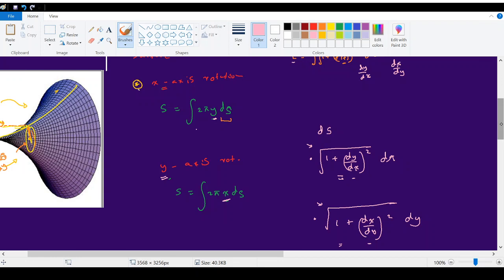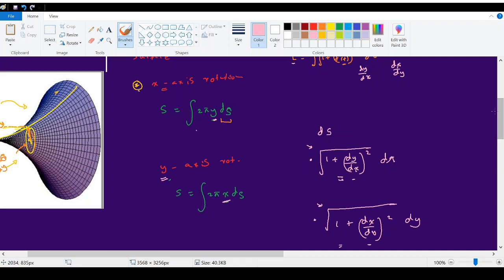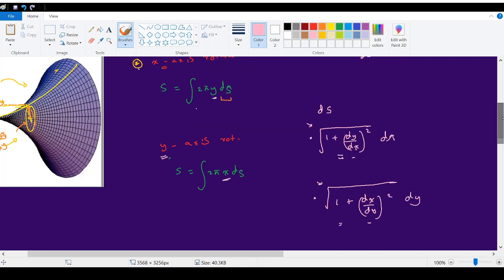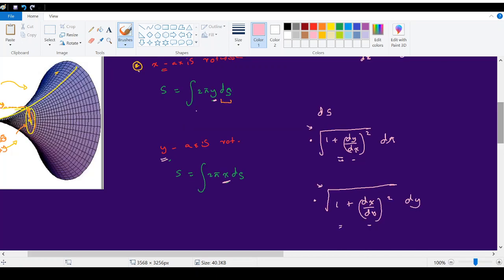So depending on that, we will have to choose one out of these two options, but sometimes both options may be equally easy. And in the next video I will go over some examples to illustrate this idea.